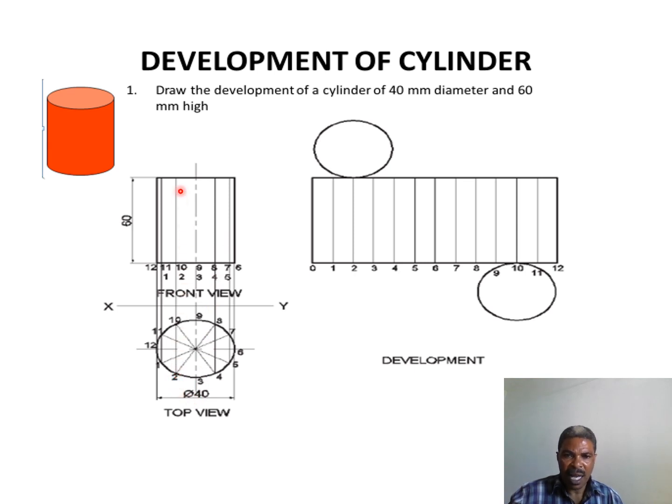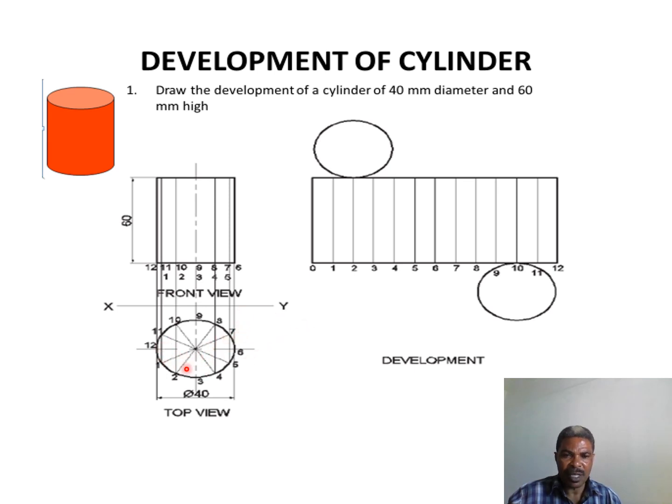view. And the other thing which is very, very important to note is to get the total length for our development. Mind you, the height for our development is given as 60 millimeters. So this is our height here. So with the height or altitude, no problem. But the length for our development, we need to determine through the formula pi d.